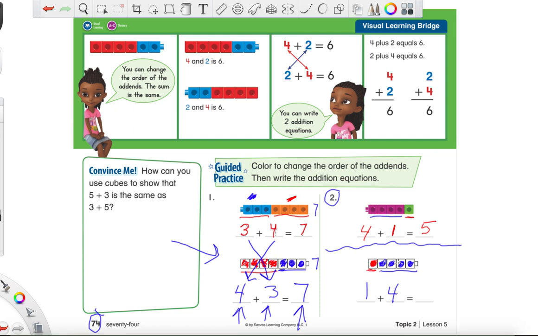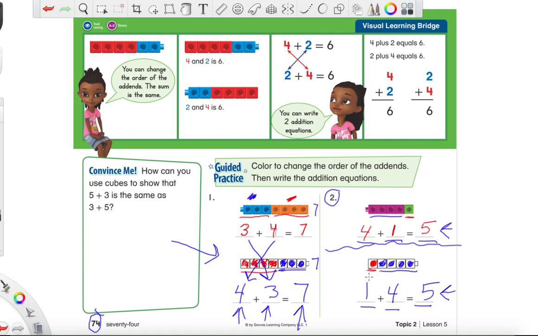And of course, you can count them all to check your answer, see what the total is, but it should be 5. If we got 5 up here, you should get the same answer down here because we are not changing the parts. As long as these parts stay the same, as long as you're just using a 1 and a 4 in any order, the answer absolutely must be 5.